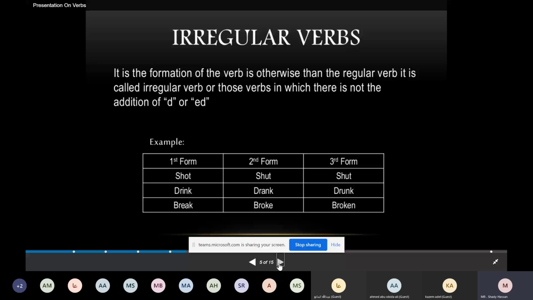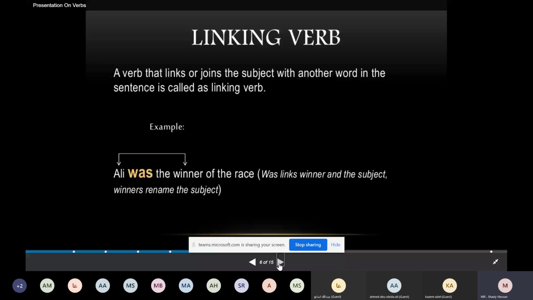So let's move to the next slide. But before we discuss the linking verbs, I'd like to ask you for the conjugation of some verbs. Who can tell me the past tense of the verb build? Built, with a T. And the third form?